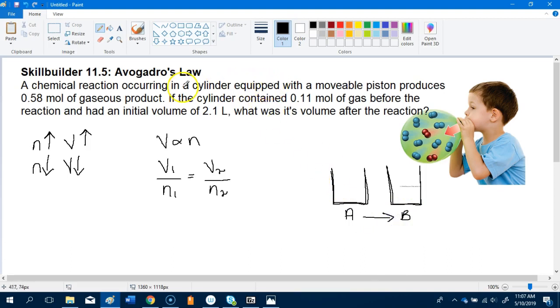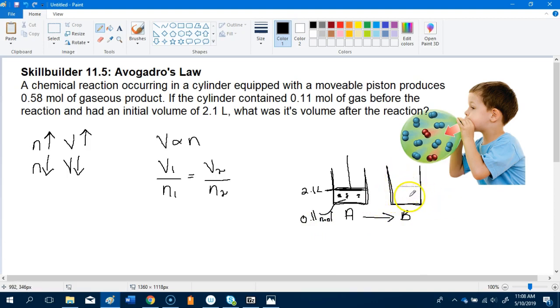We start off with this. The cylinder contains 0.11 moles of gas before the reaction, so here's my gas, and there's the piston. This is at 2.1 liters, the initial volume, and the amount of moles in here is 0.11 moles. Then we're going to add gas to this.